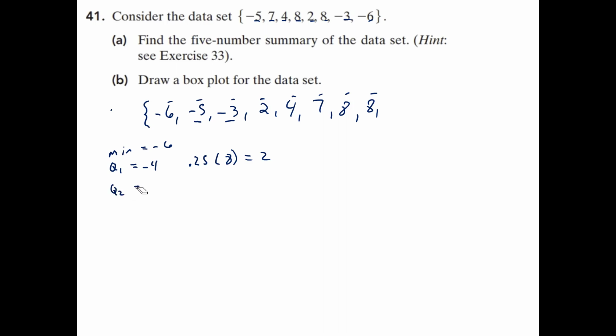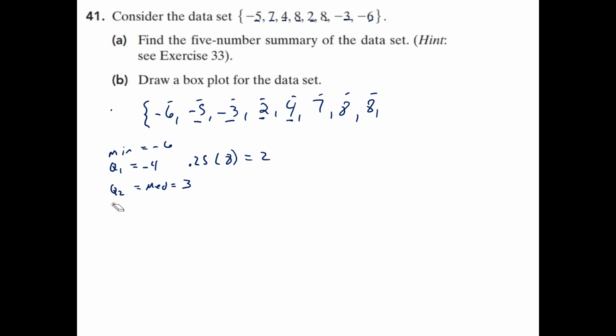Your Q2, which is the same thing as your median. And half of 8 is 4. And so since that's a whole number, 1, 2, 3, 4, you're going to average 4 and 5. 2 and 4 is 6, divided by 2 is 3. And so that's 3.